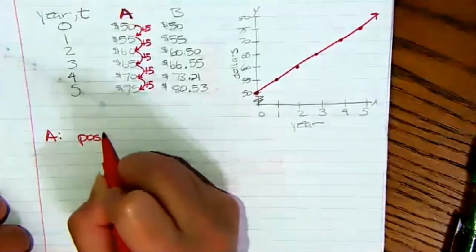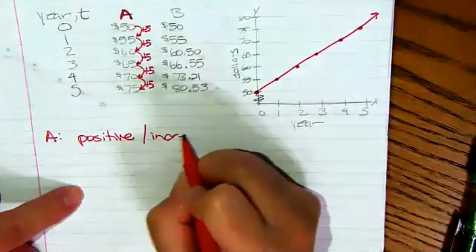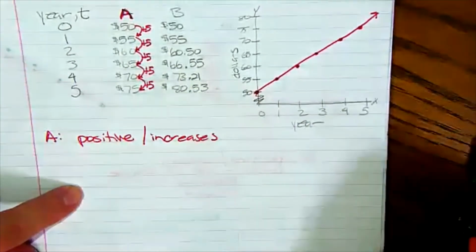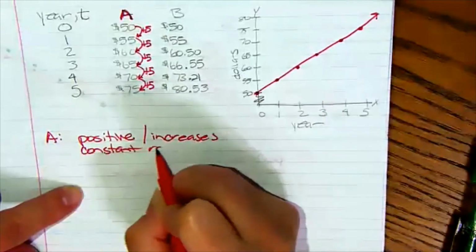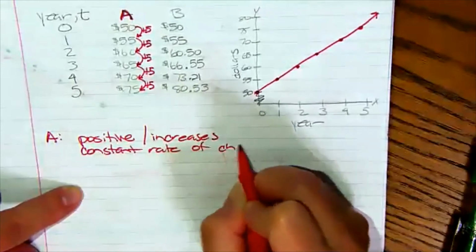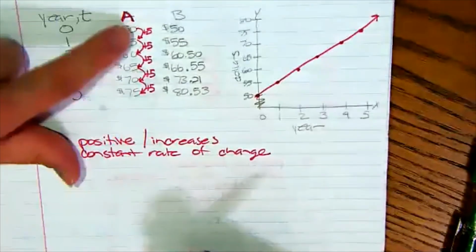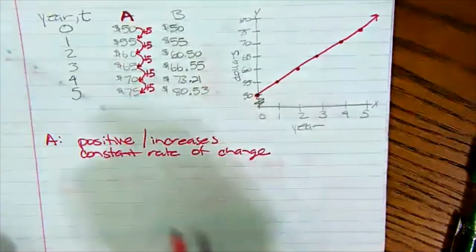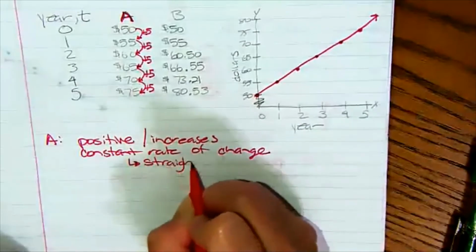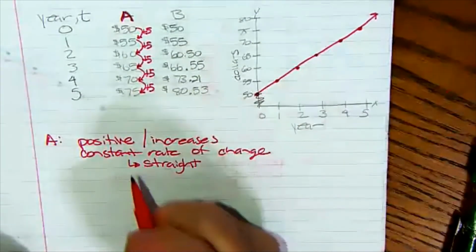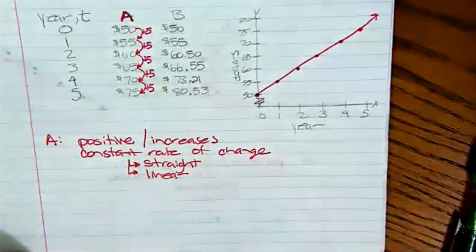It is positive, or the amount increases. We have a constant rate of change proven right here. I mean, this looks like it's a straight line, but we just proved it with the table. So that means our graph is straight, which means we have a linear function.